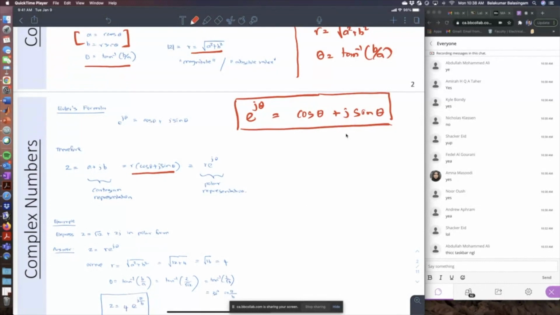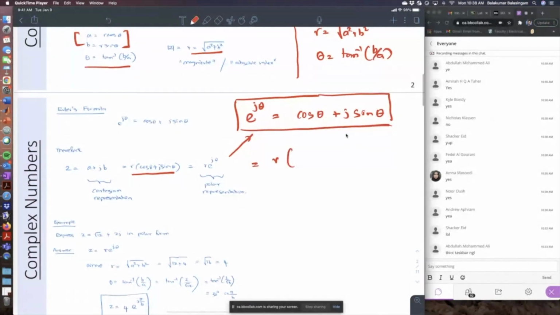That is the polar representation in exact terms. Now, if you expand r times e to the power j theta as cos theta plus j sine theta, we will be back to the original. So you should be able to convert a complex number from this to this.